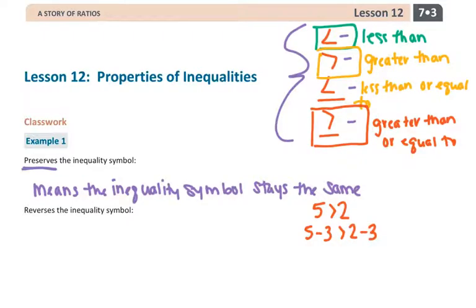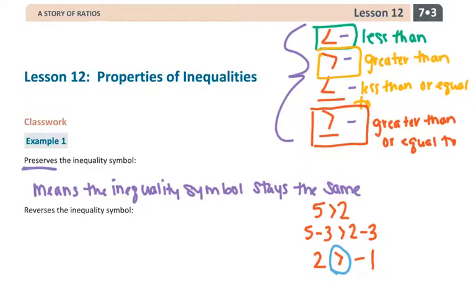When we carry out that subtraction, 5 minus 3 is 2, and 2 minus 3 is negative 1. So now we have 2 is greater than negative 1, which is still true. We did not need to change that inequality symbol at all.